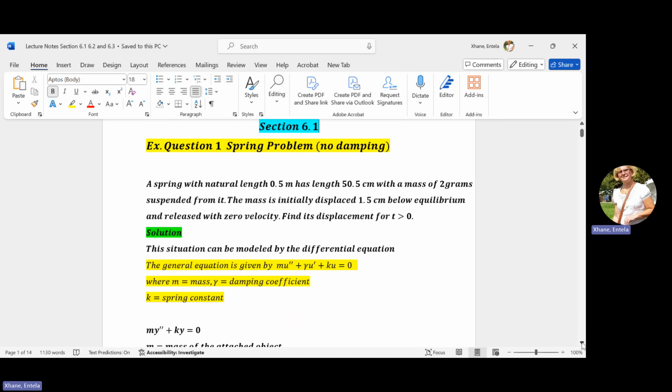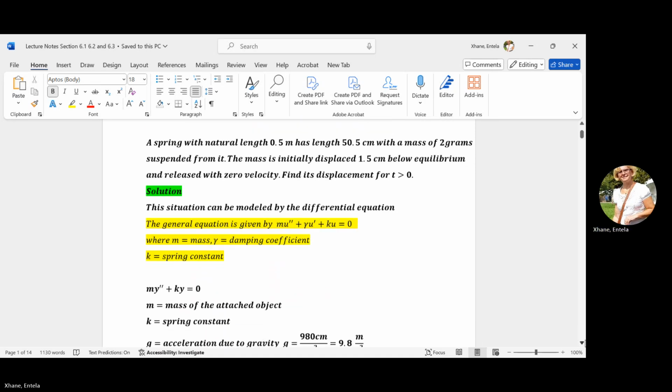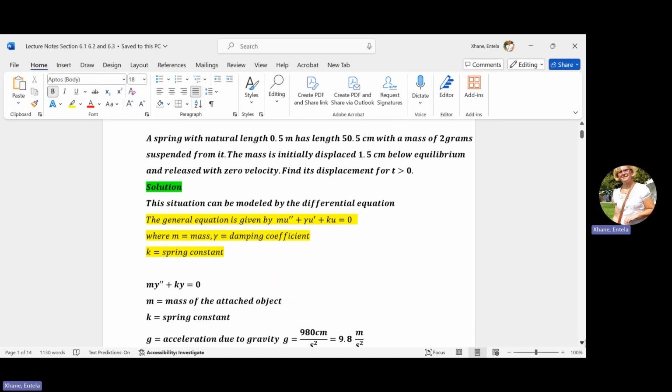So what are we identifying in this case? We recognize this case as a no damping case. Therefore the gamma coefficient is equal to 0. Then the equation becomes the reduced form m u double prime plus k u equals 0.